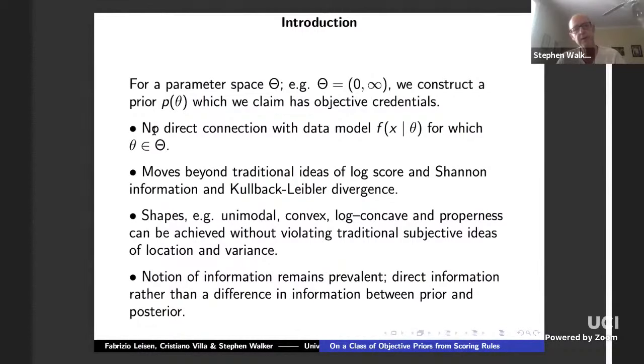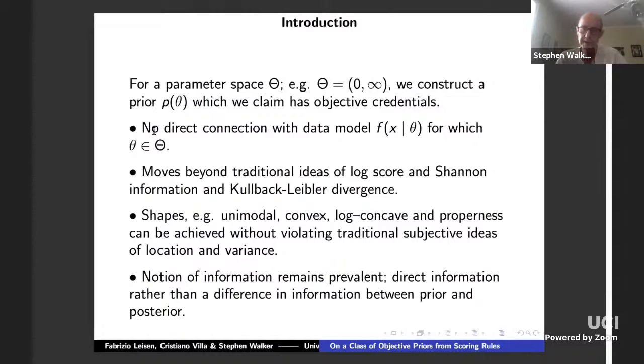What I've done is put them up in bullet point format first and then elaborate over the next few slides. In a sense, they're all connected, but it's a good idea to separate them at this point. So these are what we would say were the key differences between what we're doing and, let's just say, traditional ideas.